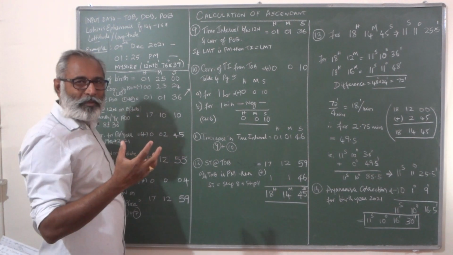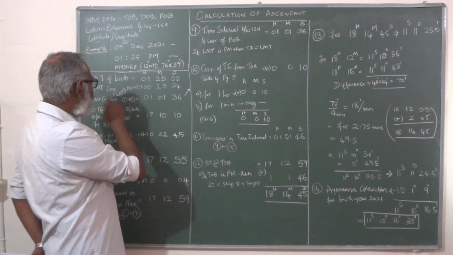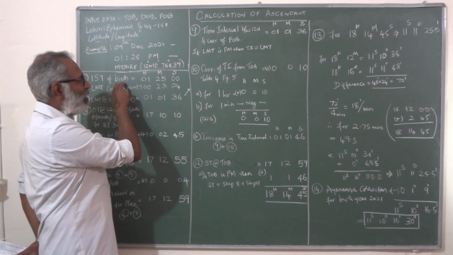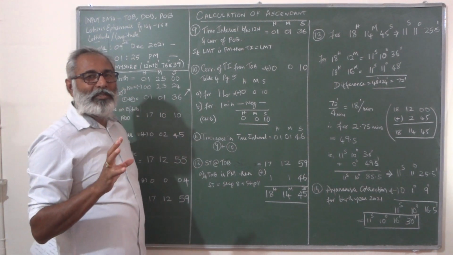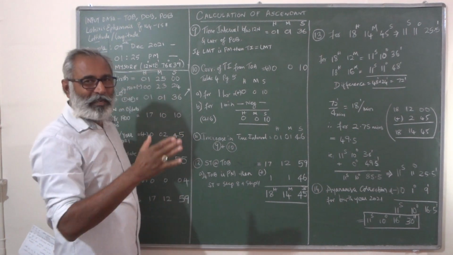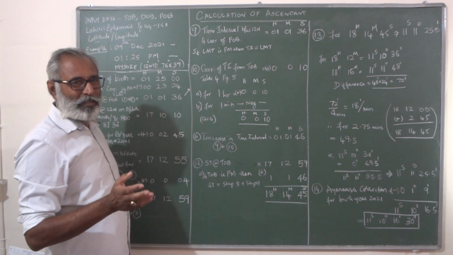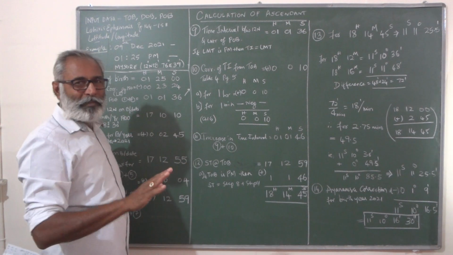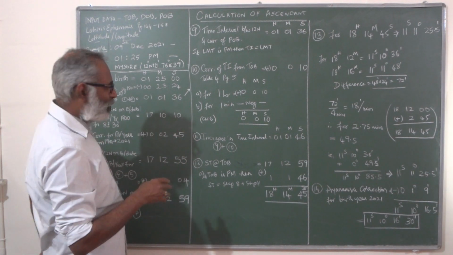Now we come to arrive at the LMT at place of birth by adding 1 and 2, because this I.S.T is at 82 degrees 30 minutes, the Indian standard meridian. It happens for all other countries also. From the standard meridian we need to come to the LMT, and from the LMT we need to calculate the other things.